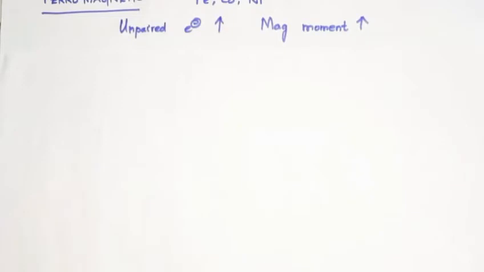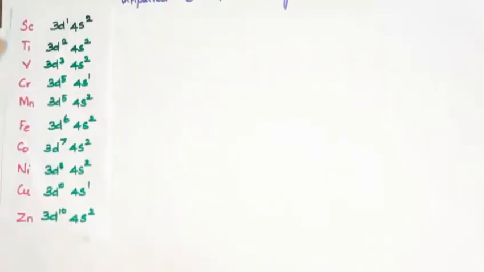If you have not memorized it, you have to, because the next lessons also use the outermost electronic configurations of the 3D series, scandium to zinc. So we will write the outermost electronic configurations of scandium to zinc.